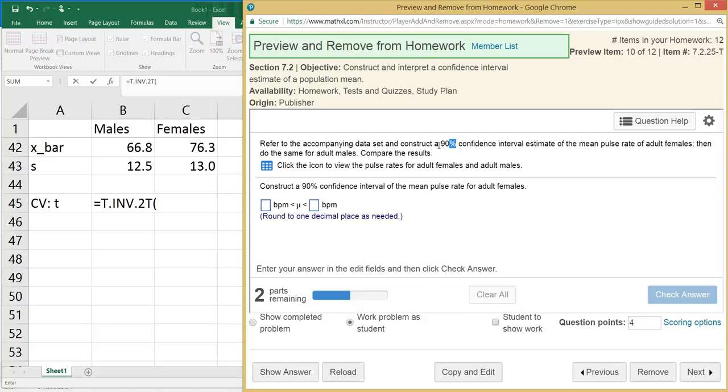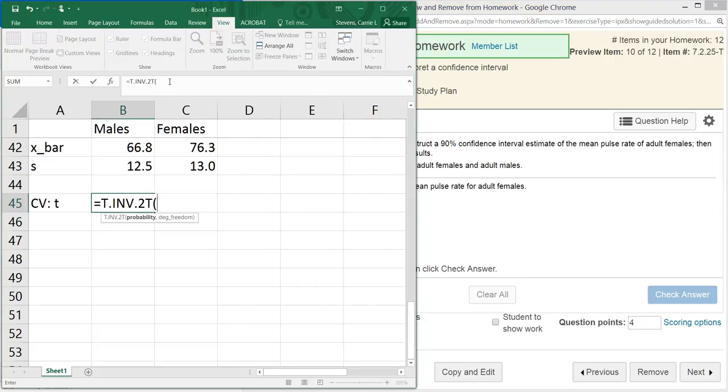You can see 90% confidence, which makes my significance level, or my alpha, 0.1 or 10%. And since this function is built to be two-tailed, you can see it says dot 2t, which means two-tailed, I will put the entire alpha in there, and the function will do the dividing in half for me.